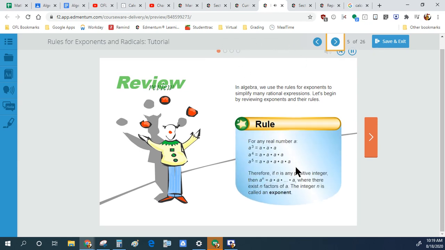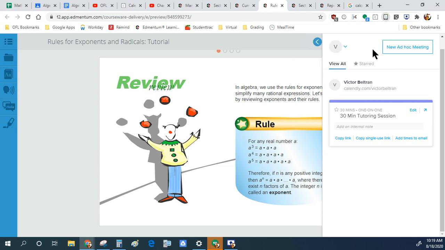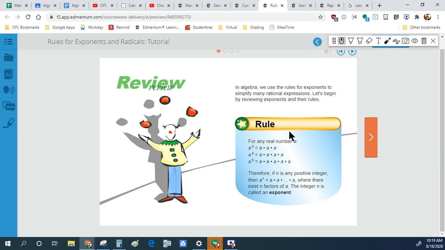So let's review the rules. If we remember what exponents are, it's just saying we're multiplying whatever's in the parentheses that many times.